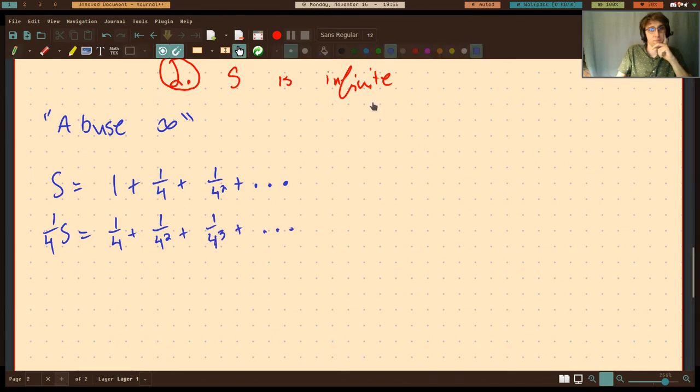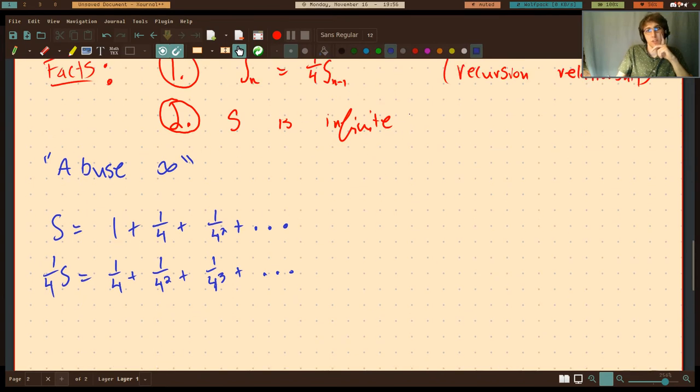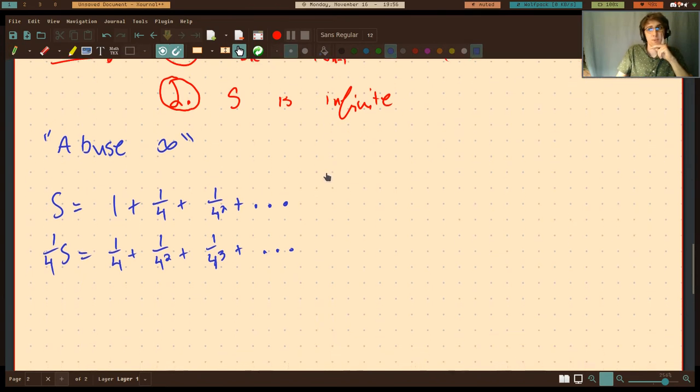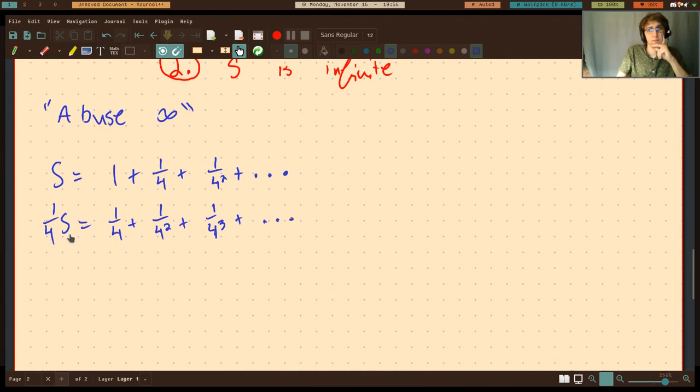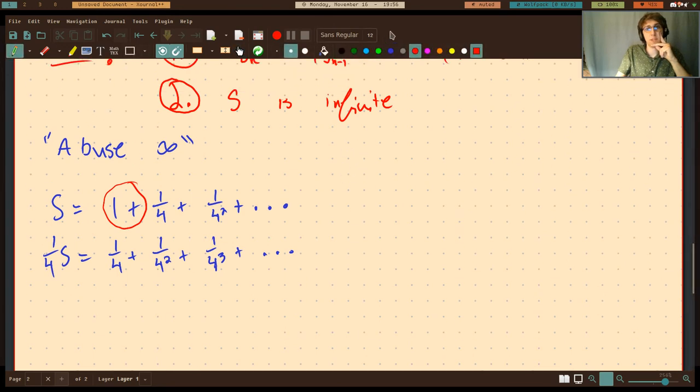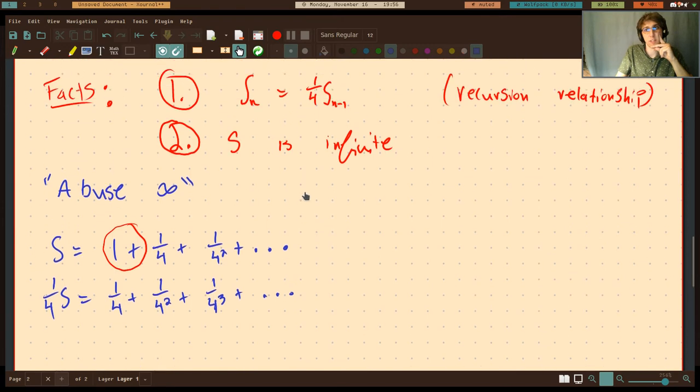Here's where we use fact number 2. Since S is infinite, a quarter S has all of the same terms as S, with the exception of one term, 1, the 0th term. By multiplying every term by a fourth, we've turned every term into the next term.